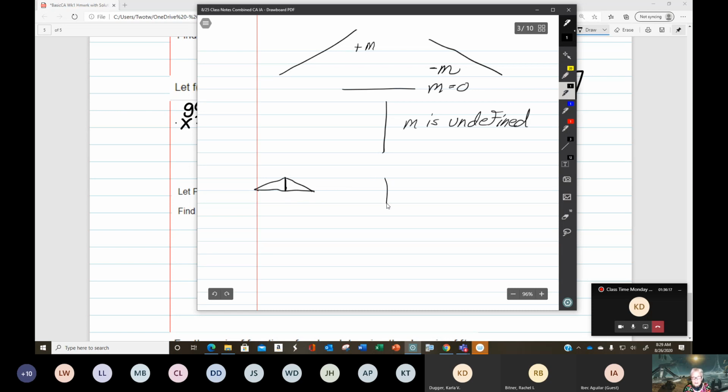Let's make it larger. My roofs are all real unstable. Call the vertical side the rise, and the horizontal side the run. And the pitch of a roof is going to be the slope, rise over run.